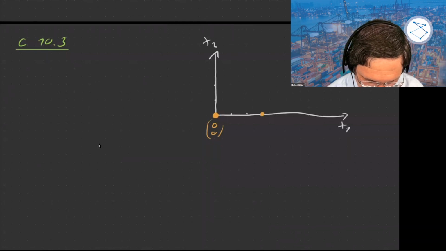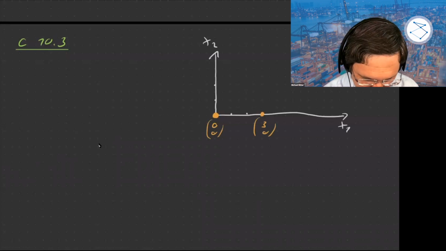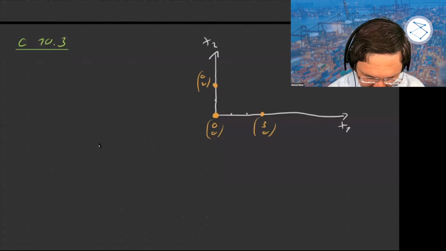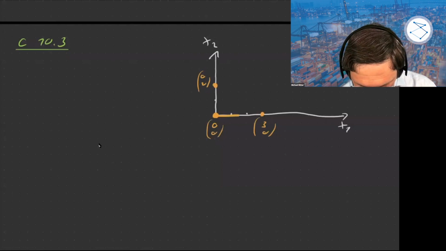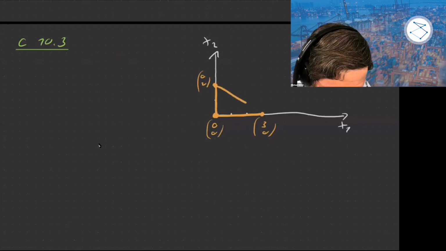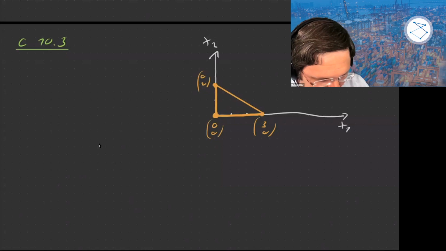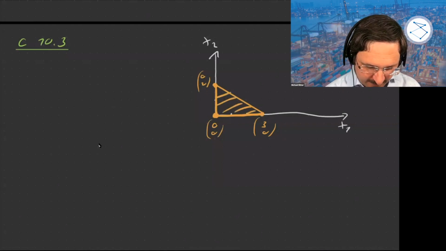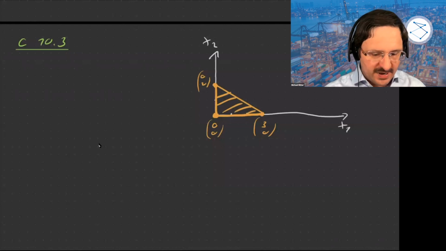So 3, 0 is here. And then we have 0, 2, which is roughly here. So that means the triangle that we want to integrate over is this triangle here. Okay, so that's our triangle, that's our domain B.